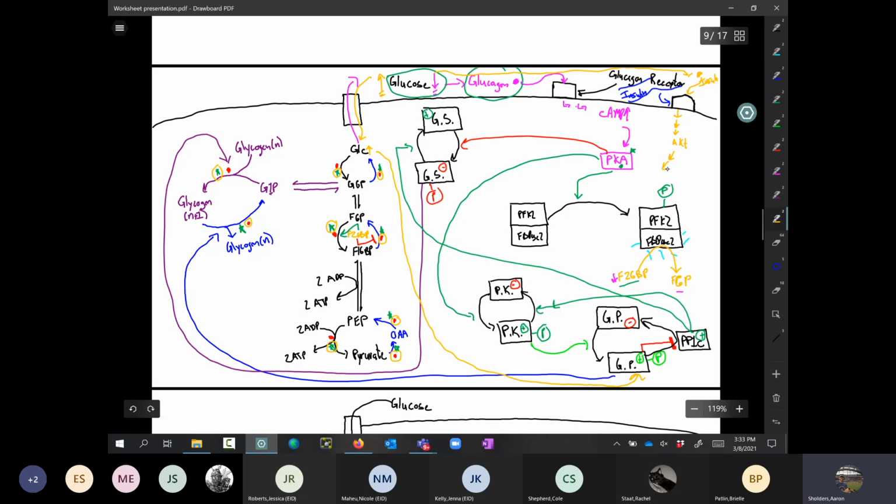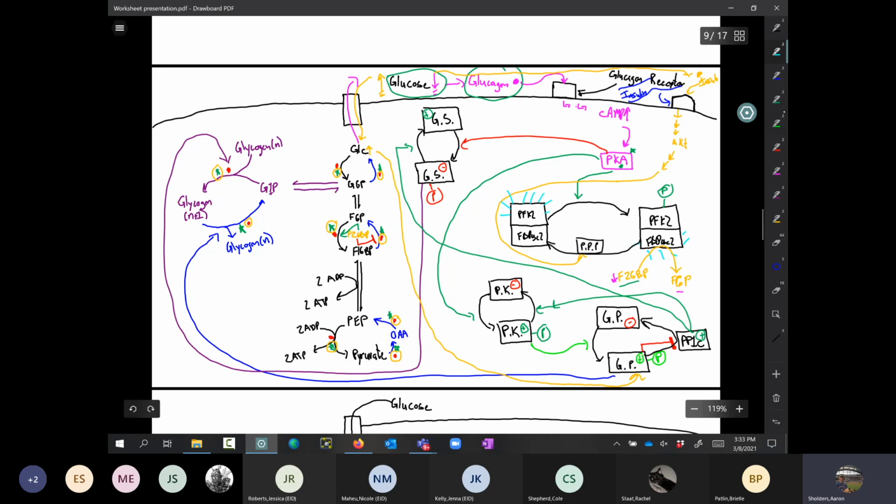But one of the things that it's going to do is activate this, PPP, phosphoprotein phosphatase, which is going to remove that phosphate off the kinase domain, and that's going to then put some beams here on the kinase.